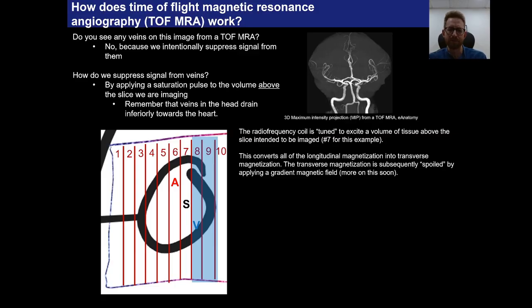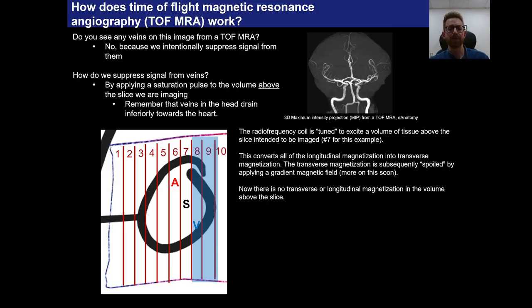It's all transverse now. Next, we're going to apply what's called a spoiler gradient. We're going to talk more about gradient magnetic fields when we discuss diffusion. But for now, just know that when we apply this gradient magnetic field, essentially what it's going to do is dephase all of the spins and destroy the transverse magnetization.